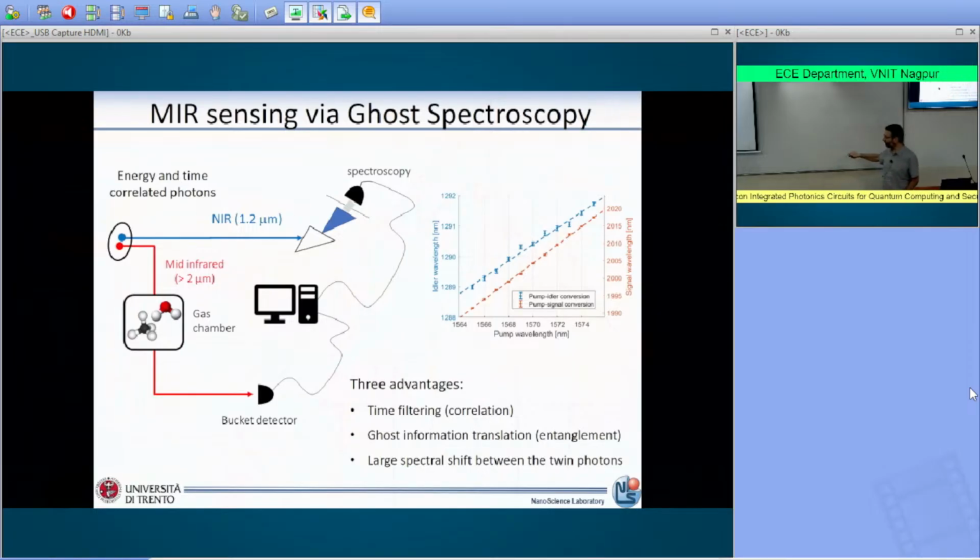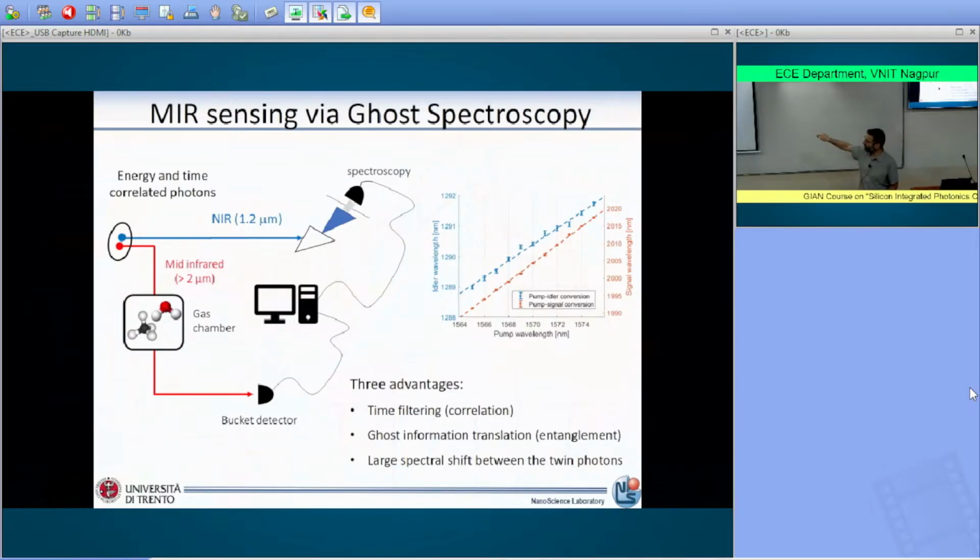Then, the second important aspect is that you have a ghost information translation, and this is the reason why it's called ghost spectroscopy. Due to the entanglement, the energy of the photon on this side of the pair is exactly entangled, meaning that you know exactly what the energy is on this other side of the pair.